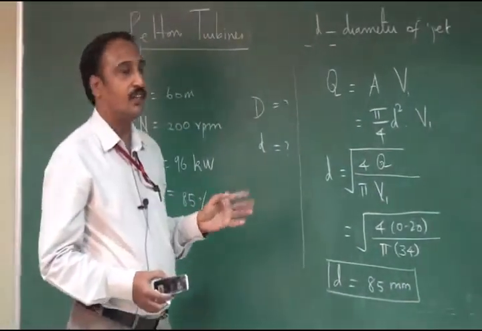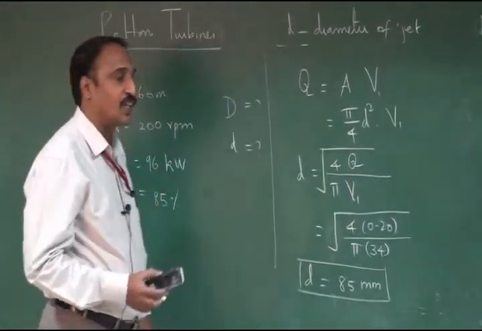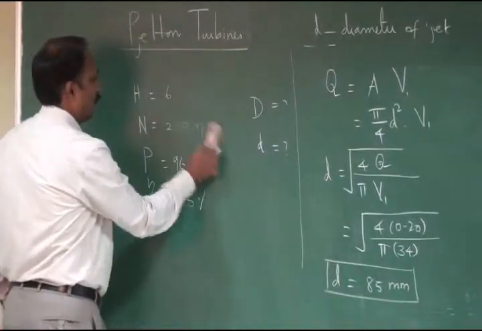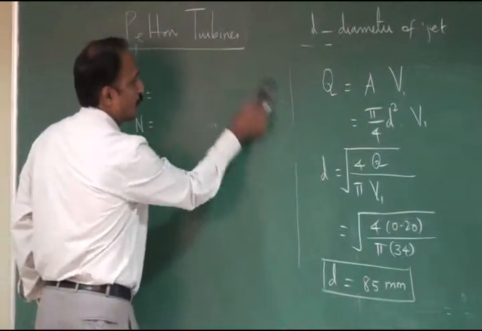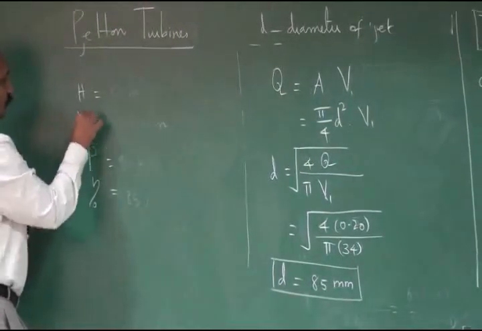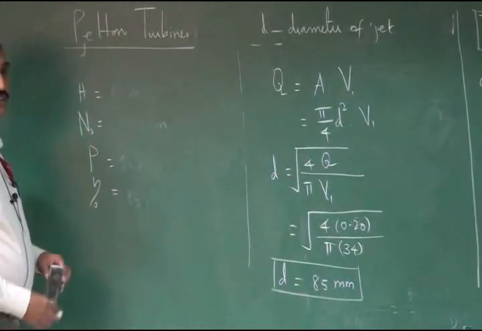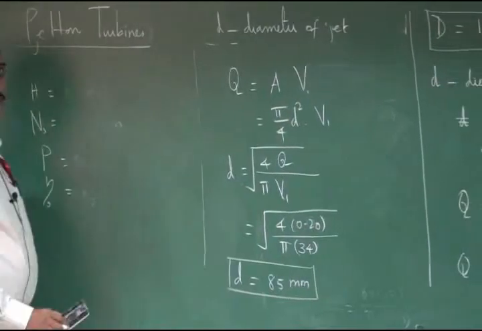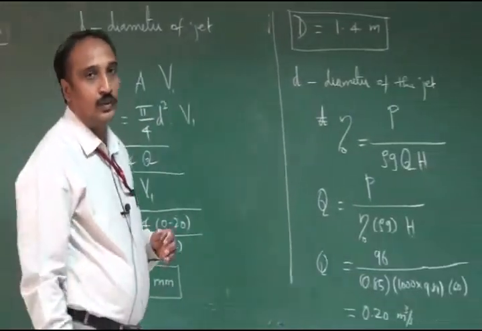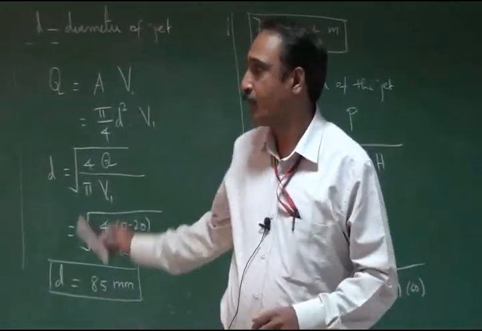Similarly, we can also design the Pelton turbine using specific speed. Instead of the speed, we can also use the specific speed. We already discussed specific speed. It's a non-dimensional parameter. In the same way we can calculate it using specific speed.